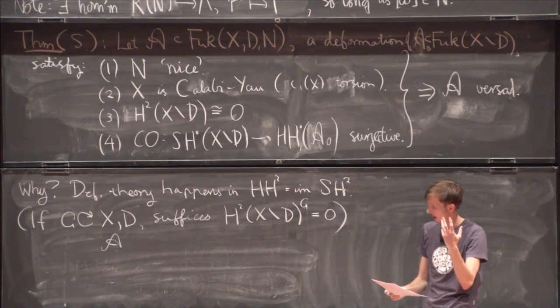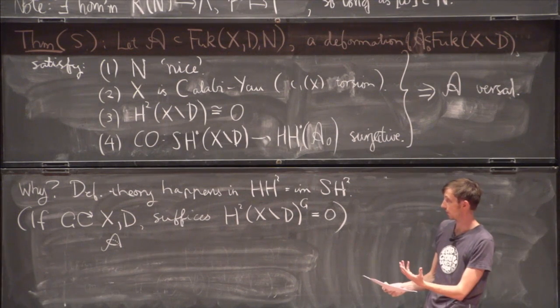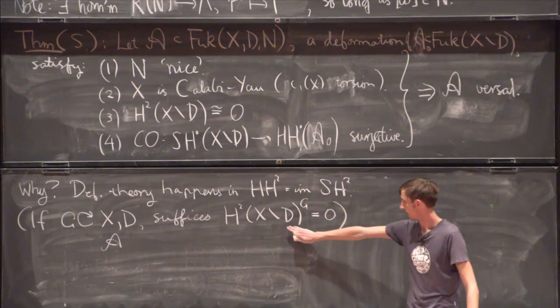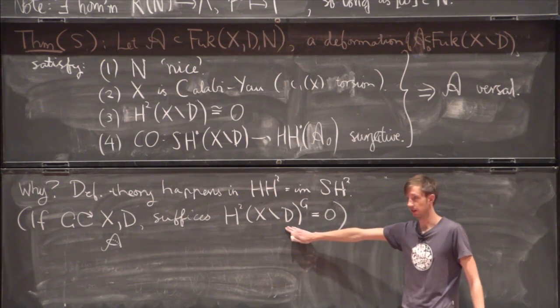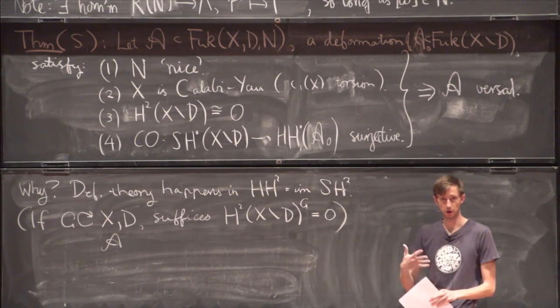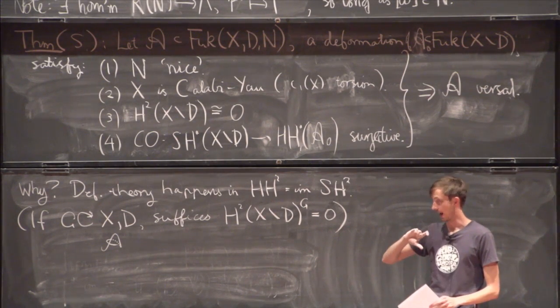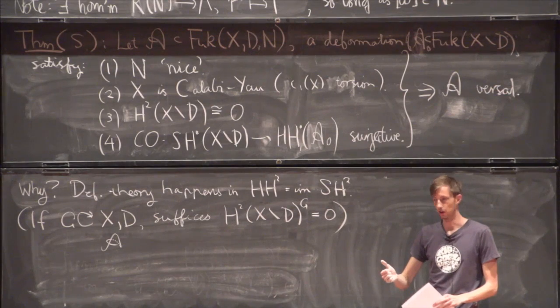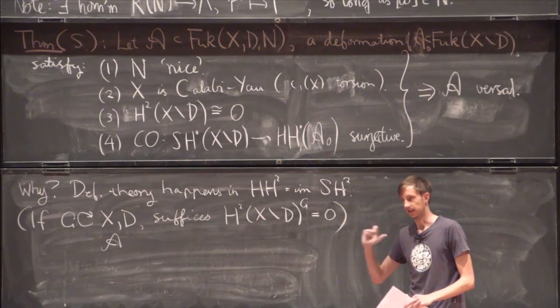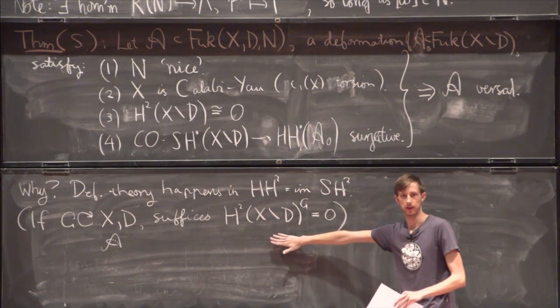And a particularly useful case where this really happens a lot of the time is where G is just Z mod 2 and it acts by an anti-holomorphic involution. And this gets rid of a whole bunch of cases.